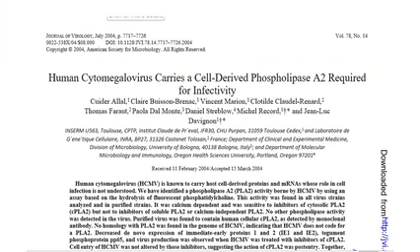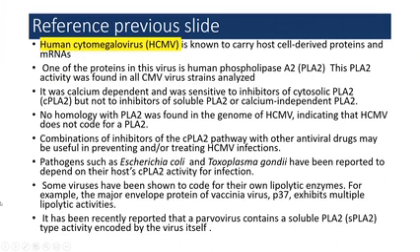So in this case, instead of just hijacking, it has made the phospholipase A2 of the human cells a hostage, which then has to travel with it and helps it to infect other cells. So the combinations of inhibitors of this, again, could be used for treating another infection.